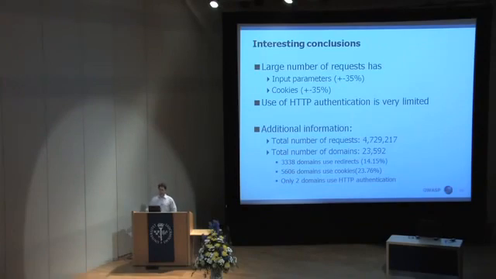So of the 5 million requests, we saw that there were actually about 24,000 different domains that were actually providing content to our browser. 40% of them were actually using redirects in one of those responses, and 23% of the domains were using cookies, were providing sessions to the end user via cookies.